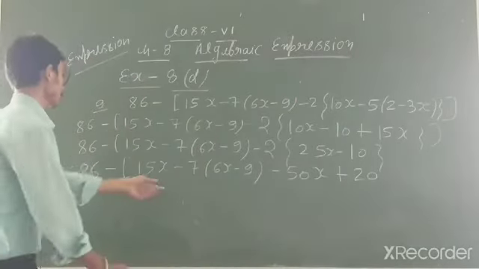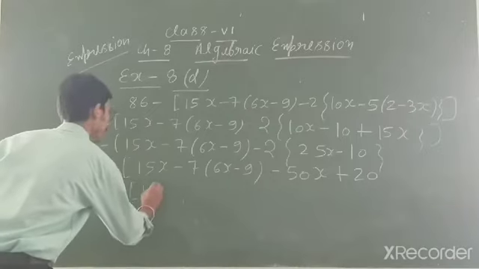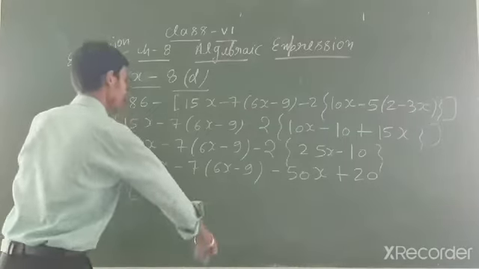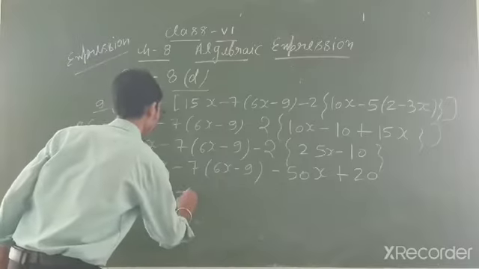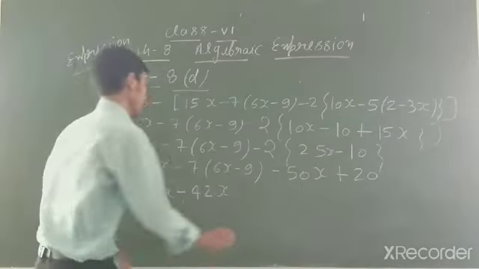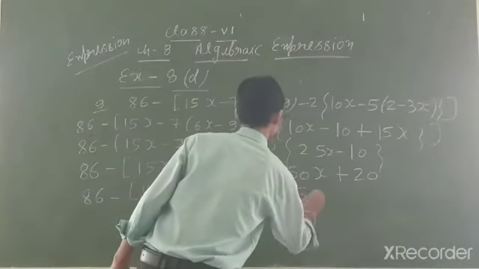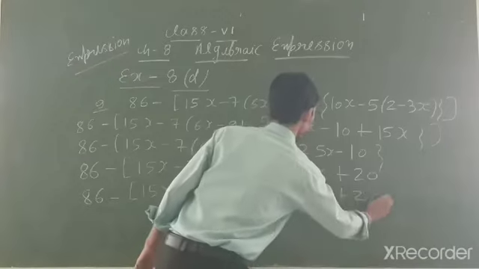Here solve. Now come to this one. 86 minus 15x. Solve this one. 7 times 6 is 42, and minus plus minus, minus 42x. Then minus minus plus. This will become plus 63, minus 50x plus 20.